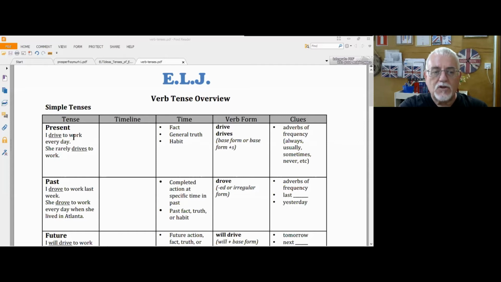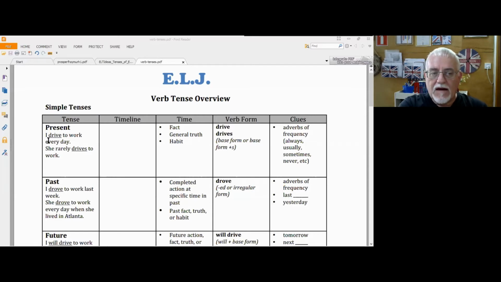I drive to work every day. Now remember, in the simple present tense and the simple present tense only, the third person singular, he, she, or it, takes an S or ES on the base form of the verb.